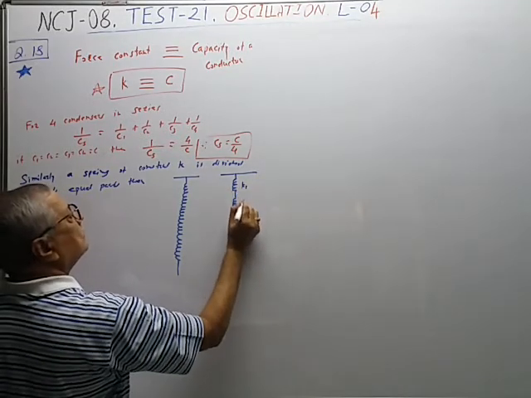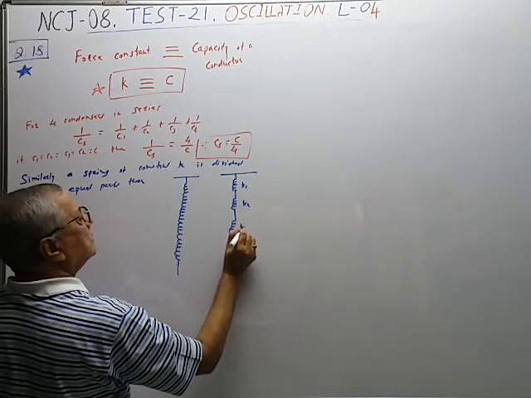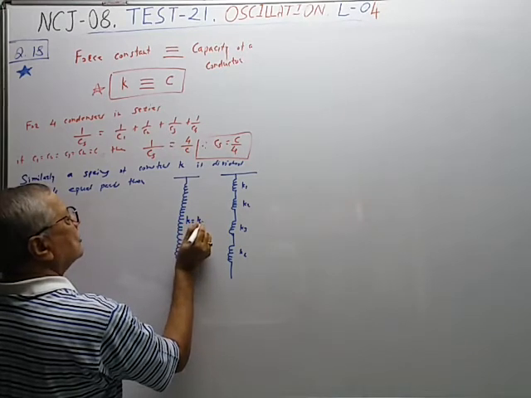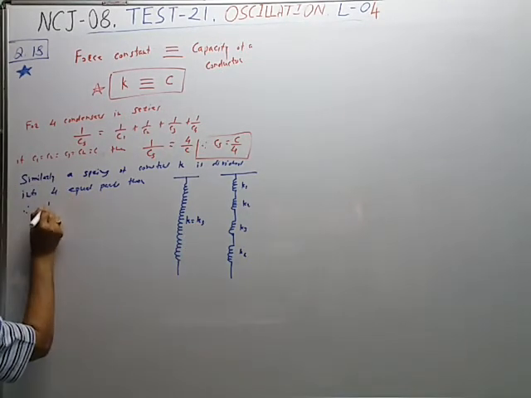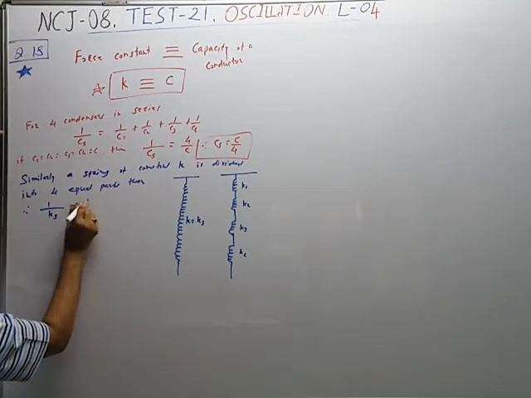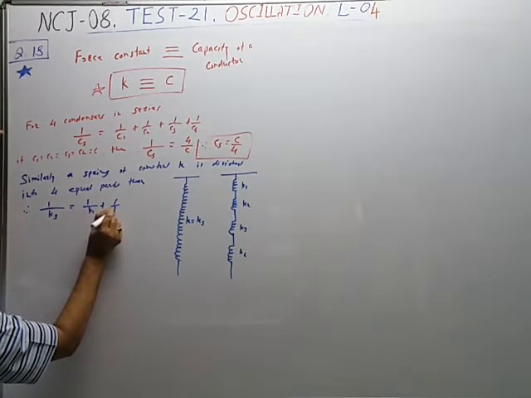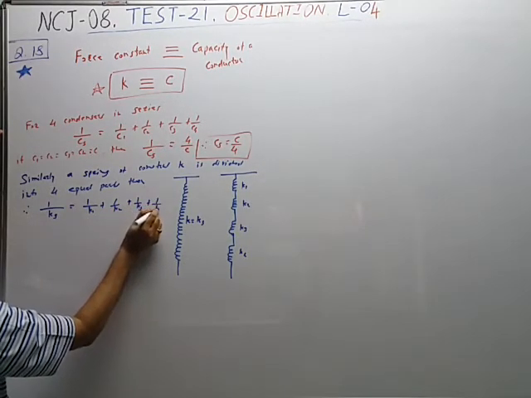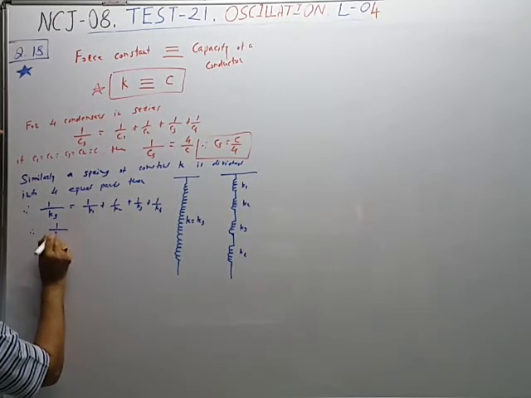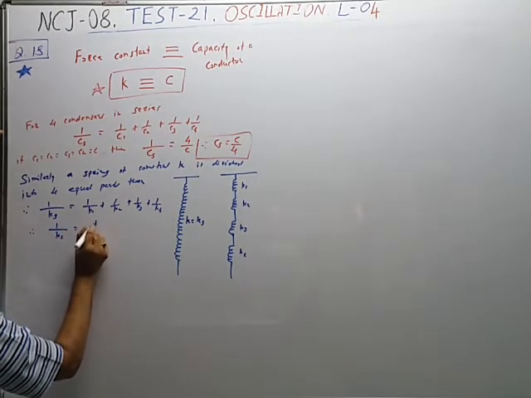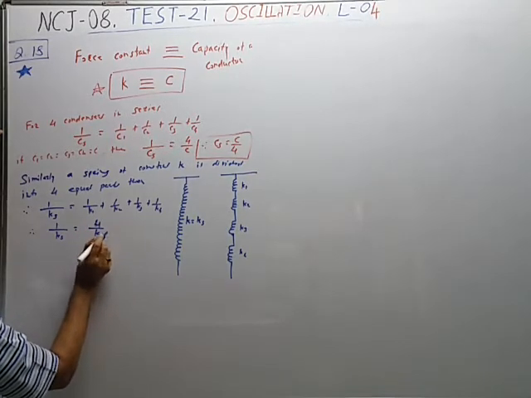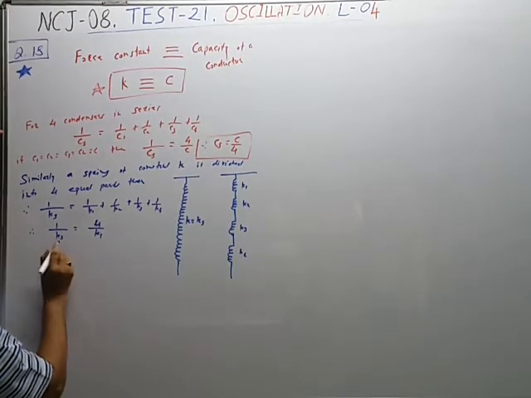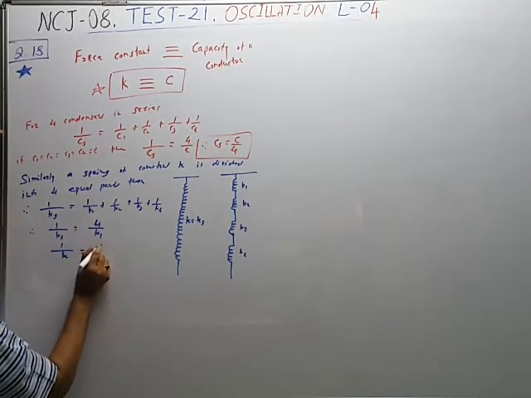So this is K1, this is K2, this is K3, this is K4, in series combination. Therefore 1 upon Ks is equal to 1 upon K1 plus 1 upon K2 plus 1 upon K3 plus 1 upon K4. Therefore 1 upon Ks is equal to 4 upon K1. Ks is equal to K, so 1 upon K is equal to 4 upon K1.